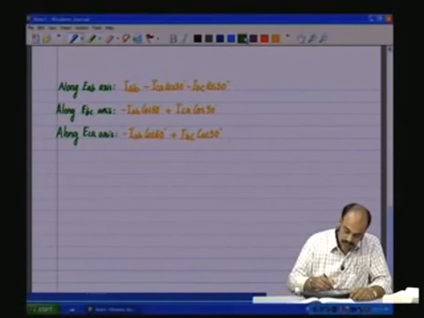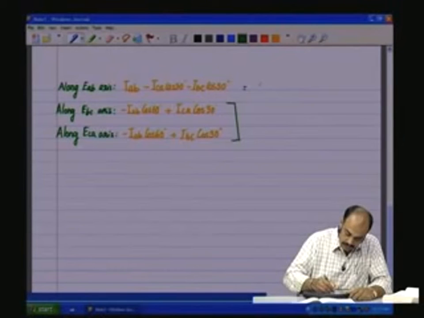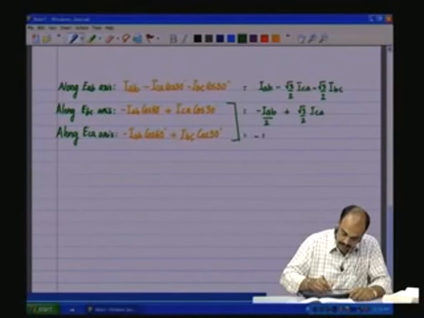Let us equate these two. Now, this of course is equal to I_AB minus root 3 by 2 I_CA minus root 3 by 2 I_BC, and this is equal to minus I_AB by 2 plus root 3 by 2 I_CA, and this is equal to minus I_AB by 2 plus root 3 by 2 I_BC.